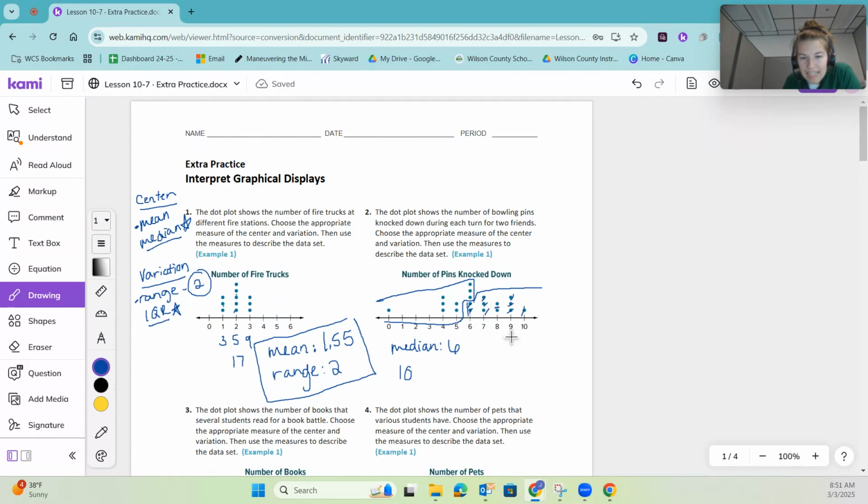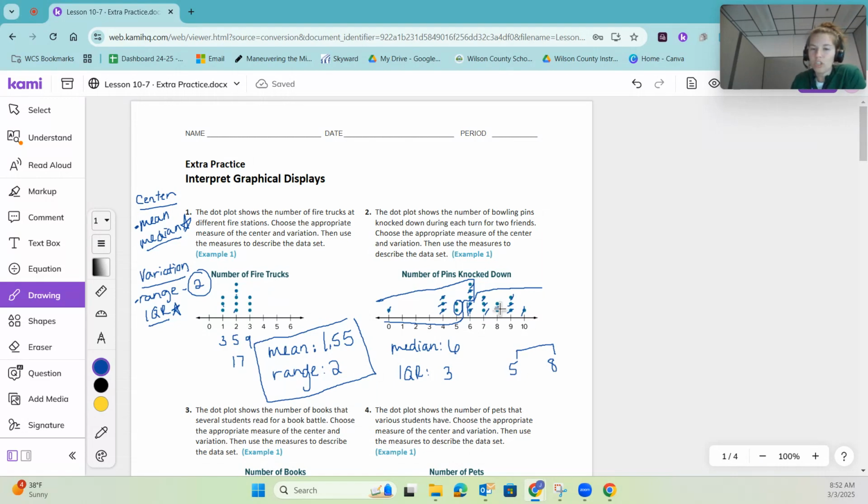The median of the upper half is 8, and the median of my lower half of data is 5. Then my interquartile range is the distance between those two medians, which is 3. So your interquartile range is 8 minus 5, which is 3.